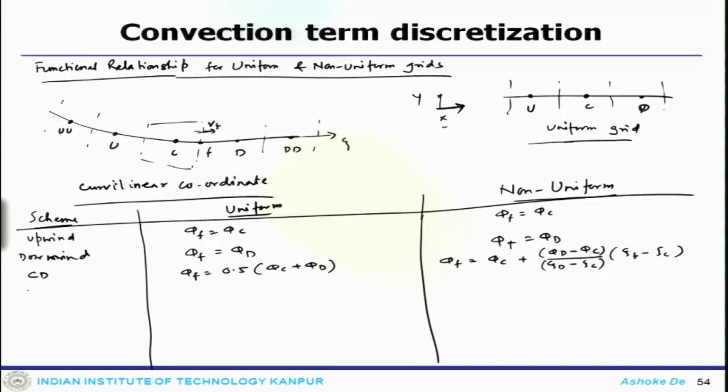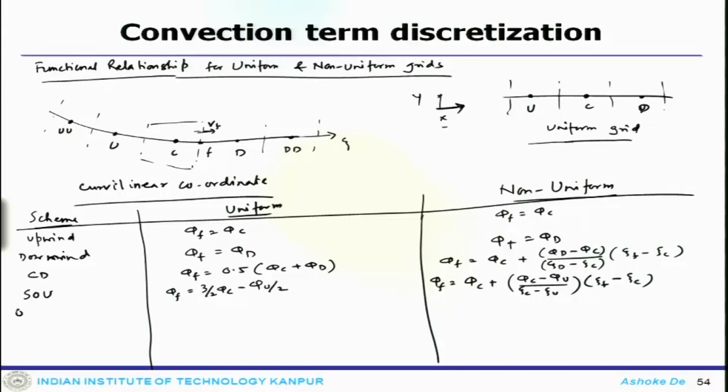For second order upwind, we get phi f equals 3 by 2 phi c minus phi u by 2. In this case it would be phi f equals phi c plus phi c minus phi u divided by xi c minus xi u, multiplied with xi f minus xi c.